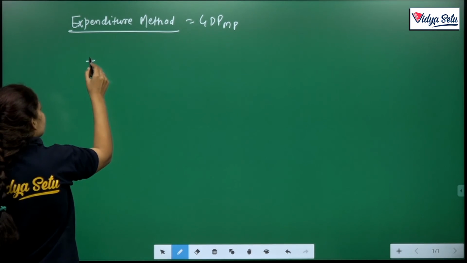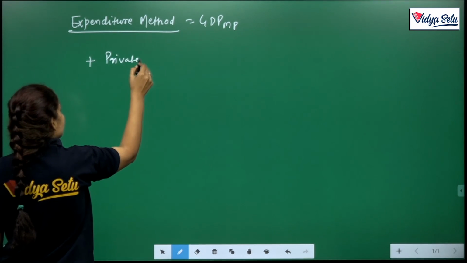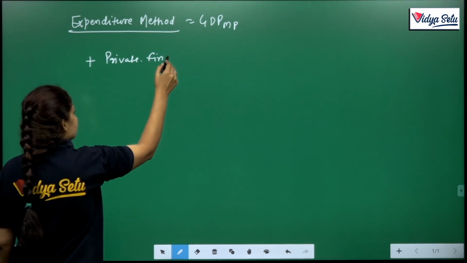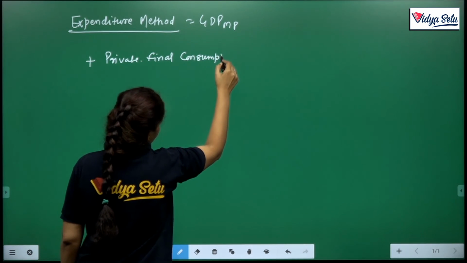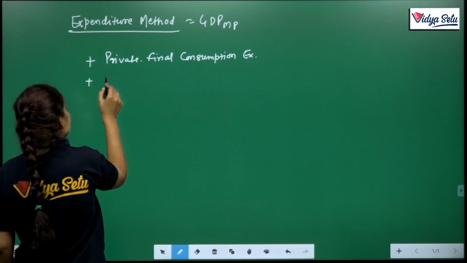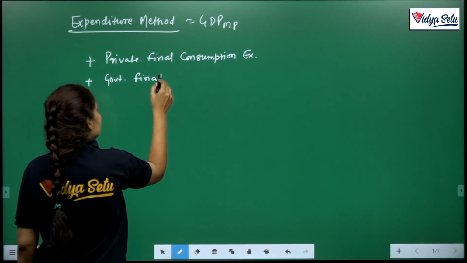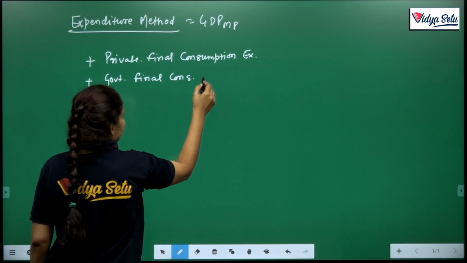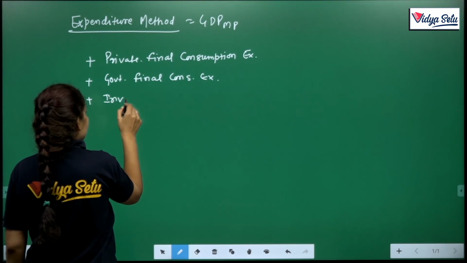So first of all we have to add private final consumption expenditure, then we add government final consumption expenditure, then we add investment expenditure.